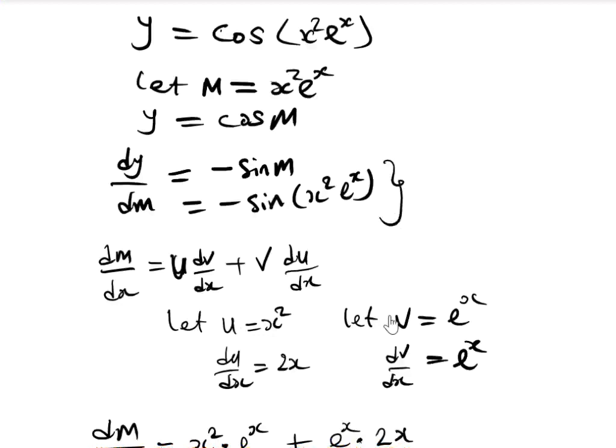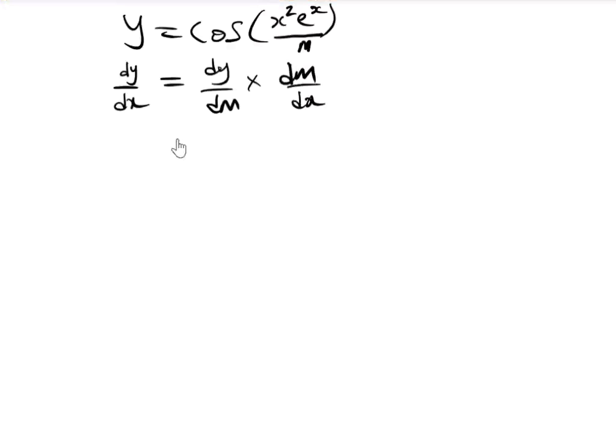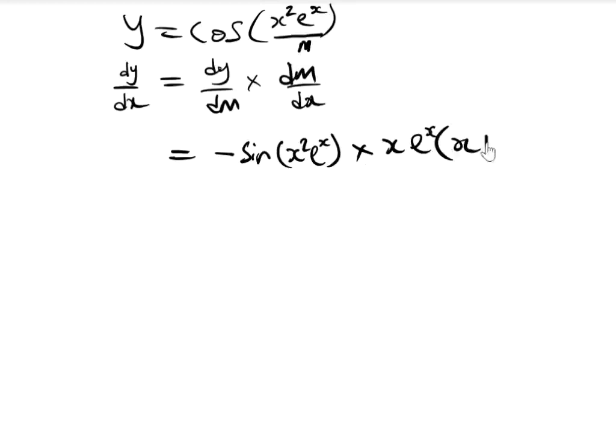So substituting the dy/dm and the dm/dx, we'll be having this equal to dy/dm, which is minus sine(x squared exponential x), multiplied by dm/dx, which is x exponential x plus 2.